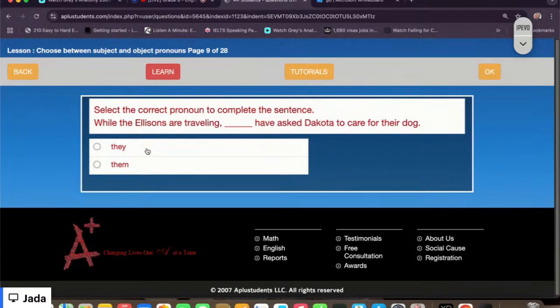While the Allisons are traveling, they or them have asked Dakota to care for the dog?